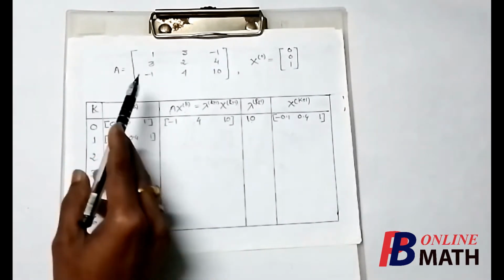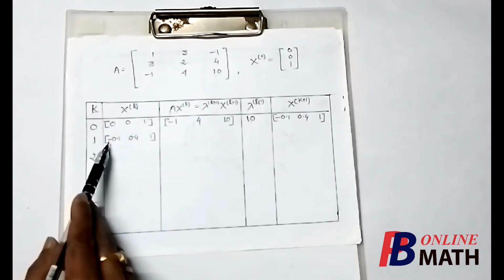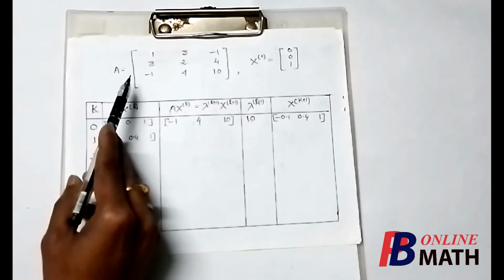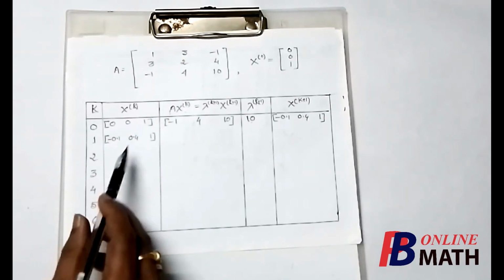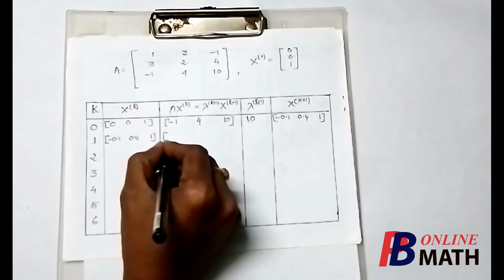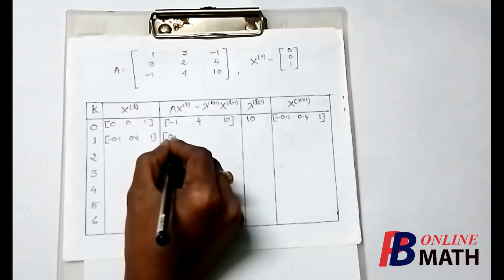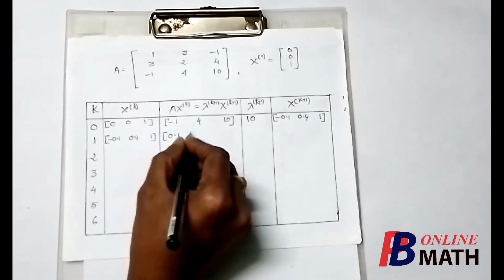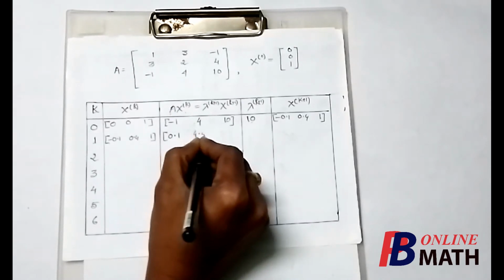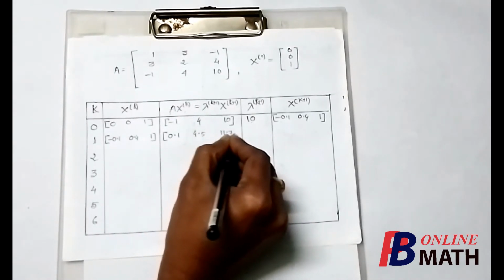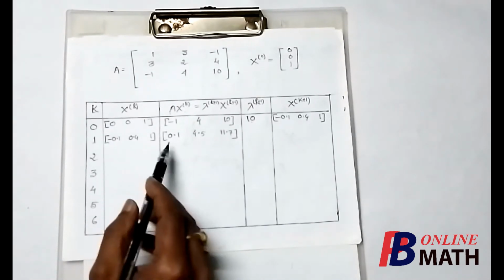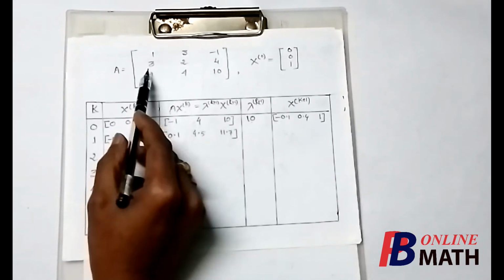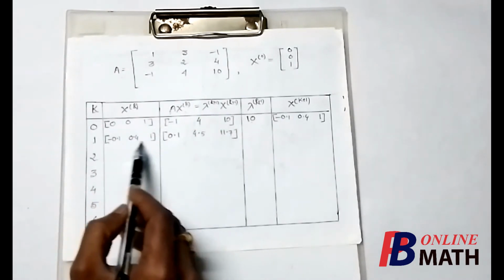Next we shall multiply A and x1. So if we multiply this matrix and this vector, then we shall get this vector. By calculator we can easily find that 0.1, 4.5 and 11.7. So this vector can be found if we multiply this matrix and this column vector.